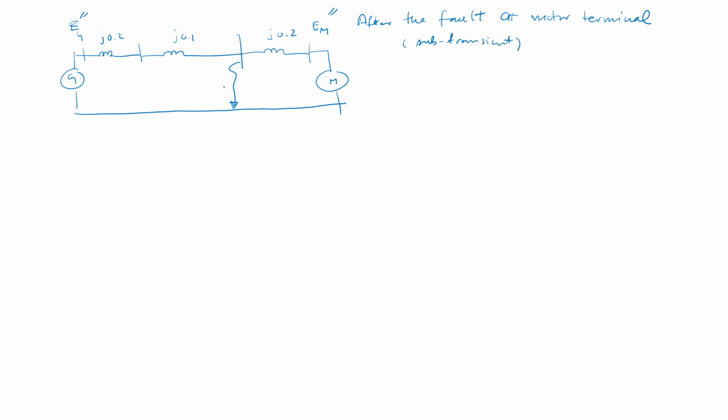This is the fault current. The problem, problem number 3, asks you to compute this IF double prime. You can see that this IF double prime is the contribution of the fault current, because we have two sources.